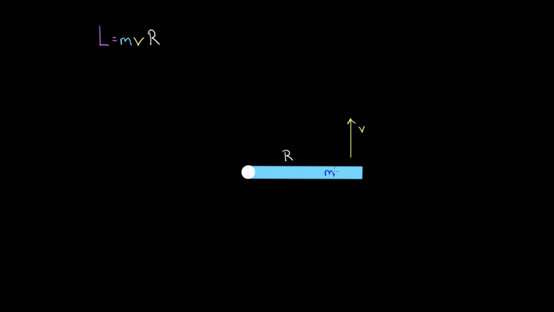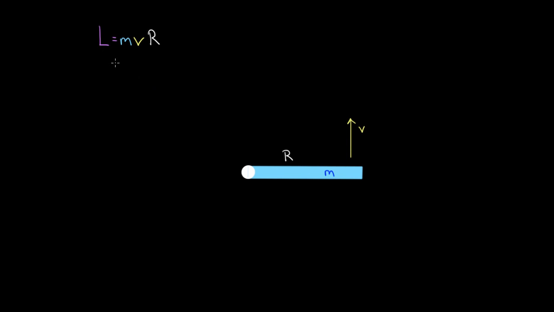So how do we determine the angular momentum of an object whose mass is distributed in a way that some of the mass is close to the axis and some of the mass is far away from the axis? That's what we're going to do in this video. That's the goal, and the approach physicists take to this is almost always the same.